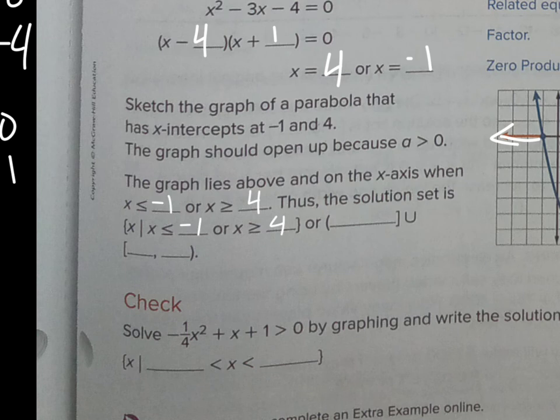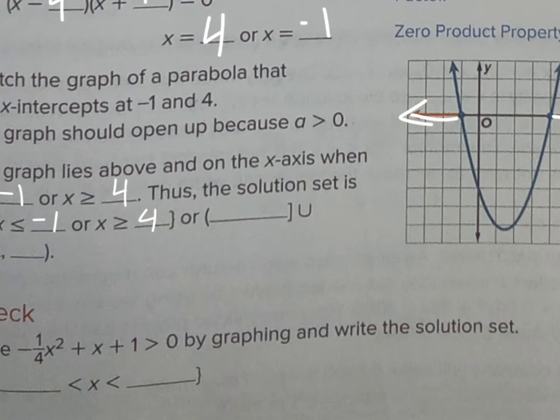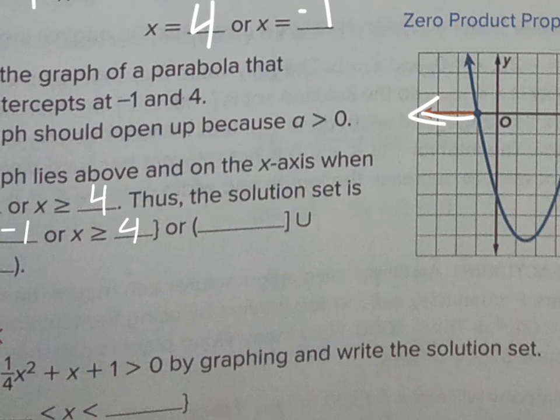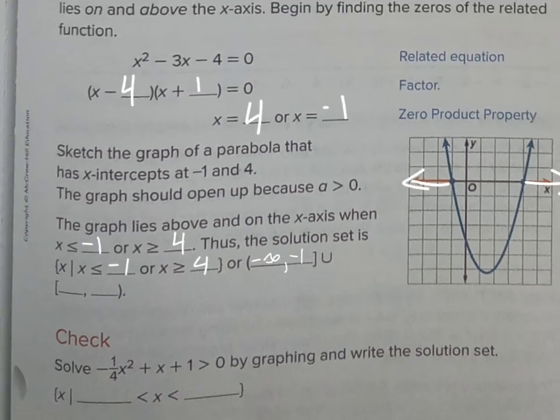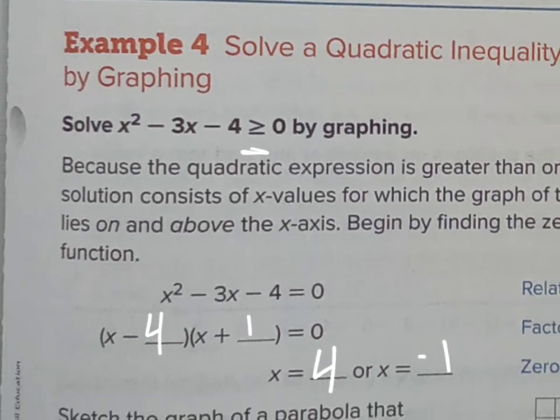The notation, the set notation here, or the interval notation is a little bit different. Okay, so then we're coming from the left. So then we're coming from -infinity, and then we're stopping at -1. You can never get to infinity, so it's always a rounded bracket. -1 is included because our original function was greater than and equal to.